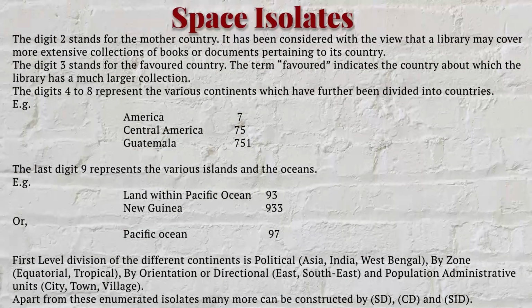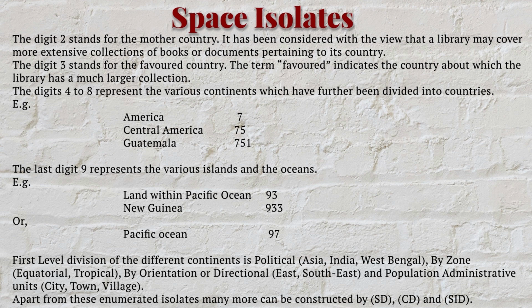It has been considered with a view that a library may cover more extensive collections of books or documents pertaining to its country. The digit 3 in space isolates stands for the favored country. The term favored indicates the country about which the library has a much larger collection.